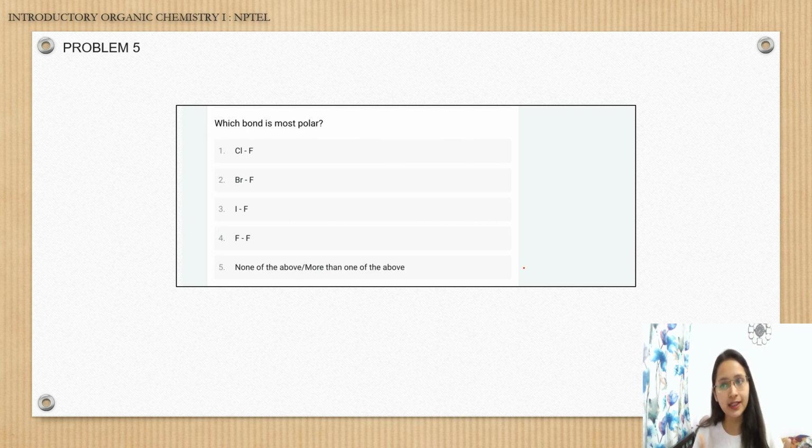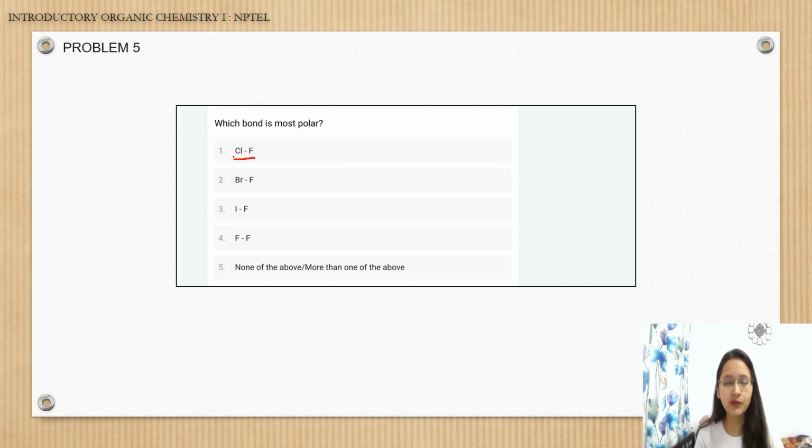As we move down the halogen group, fluorine, chlorine, bromine, iodine, the electronegativity is decreasing, right? So fluorine is much more electronegative than chlorine, which in turn is more electronegative than bromine, which in turn is more electronegative than iodine, right? So this particular trend is followed. So now the question is asking what the most polar bond will be.